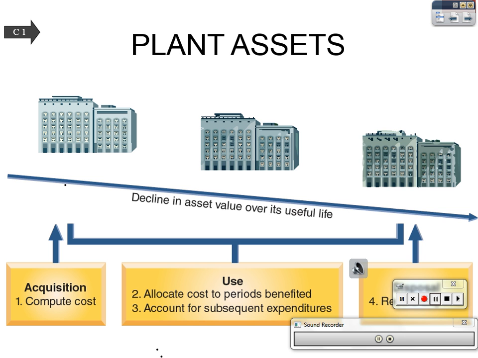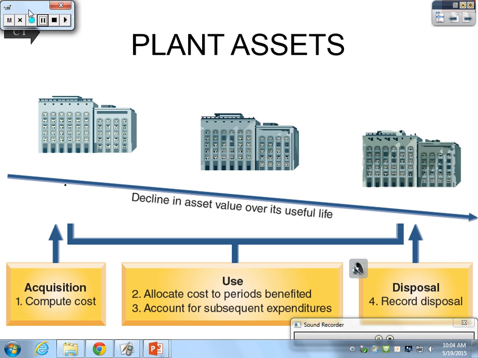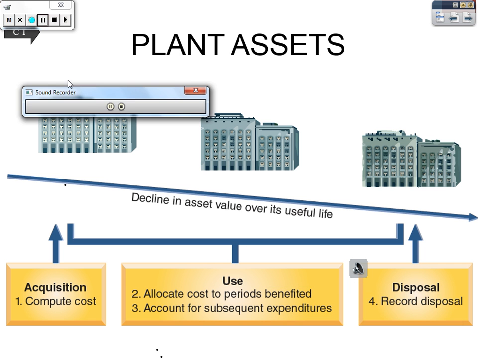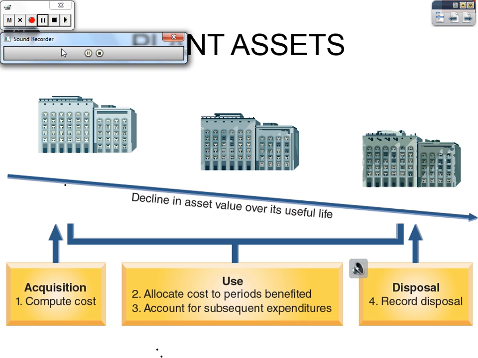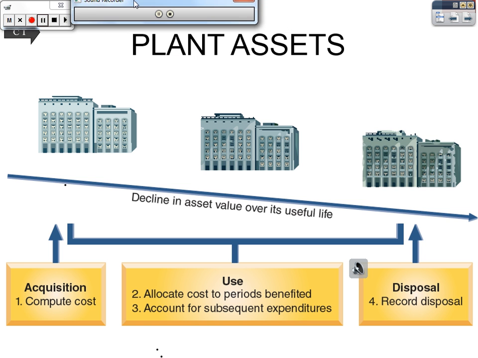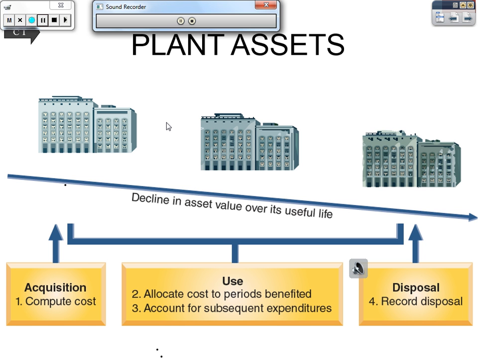So 3 factors that you have to be concerned about with assets are: one, the acquisition, meaning how much did you pay for the asset. 2, what is it going to be used for? Is it going to be used and costs will be allocated to periods going forward, or is it going to be used frequently? Is it going to be expended frequently?